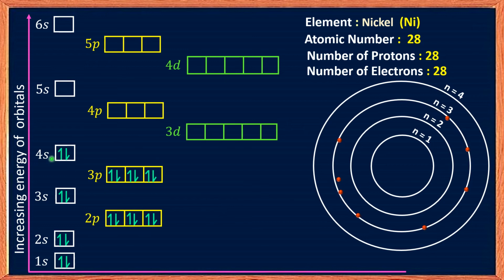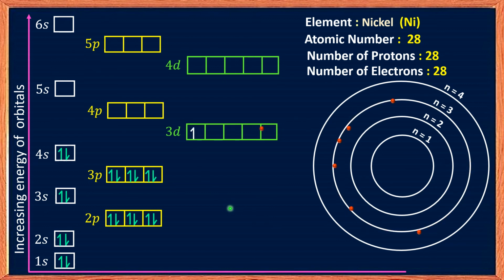Totally 20 electrons have been filled into different atomic orbitals. Next, how many electrons are there to fill? See here, 3, 4, 5, 6, 7, 8. 8 electrons are there, and these 8 electrons will enter into 3d orbitals.